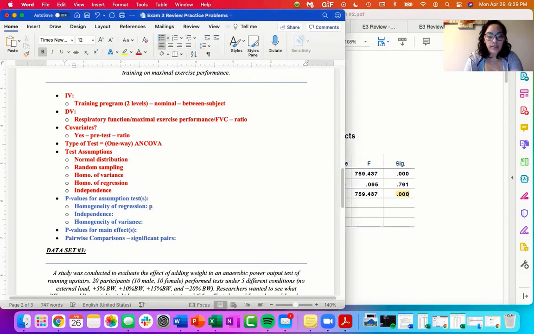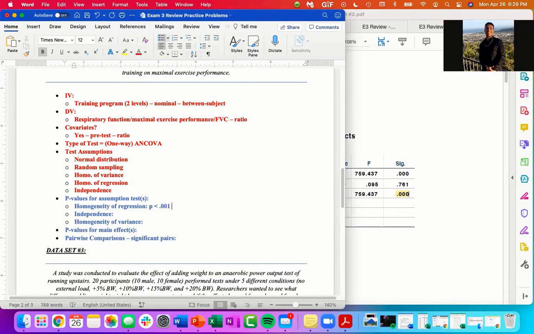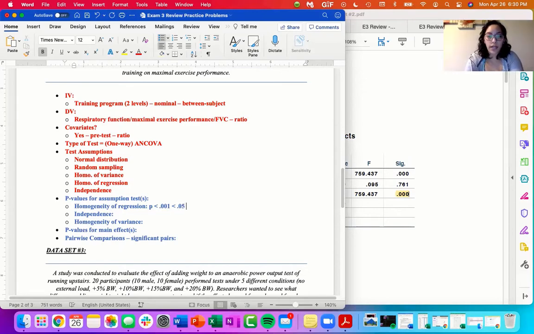So what does this mean? This would mean that the regression slopes are not equal between the training programs. Right, because 0.001 is less than 0.05. Means we have violated our assumption. Okay.